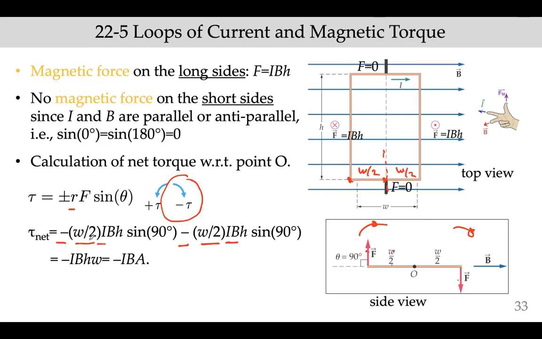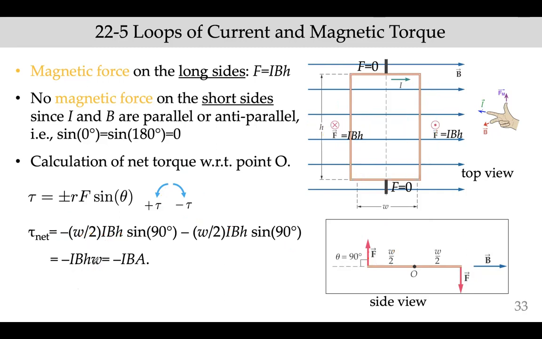The magnetic field is the same, and the length of the wire here is the same, which is H. And in each case, you can see that the magnetic field and the force have 90 degrees, so we have sine 90. So the total torque here is, we have 1/2 here, so they add up to 1. So it will be negative IBHW. So here it is.